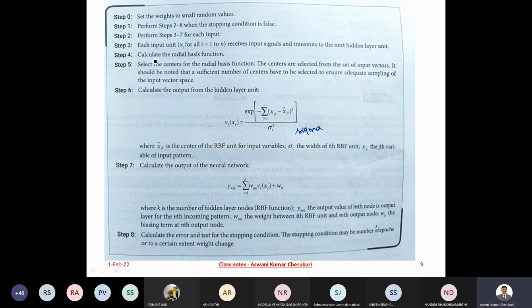When we say step 4, in fact you are going to do step 5, where we select the cluster centers, and that would form your basis, or the prototypes. Once that is done, you submit each input and calculate the output from the hidden nodes. The formula is given there.